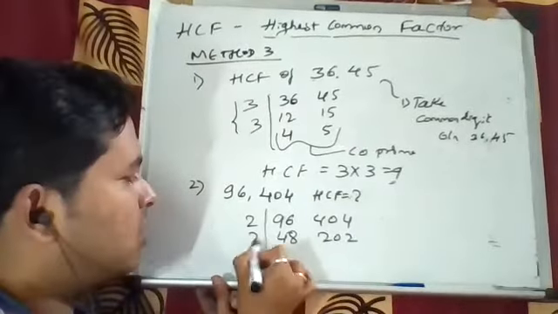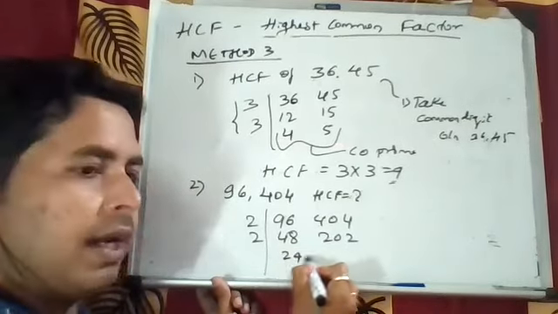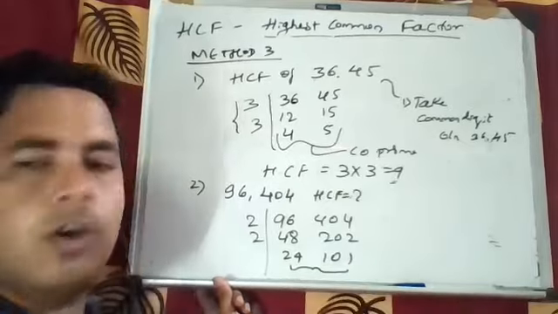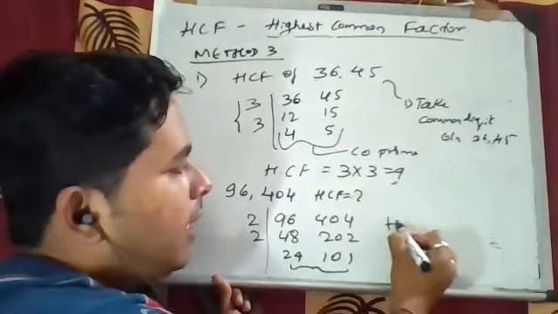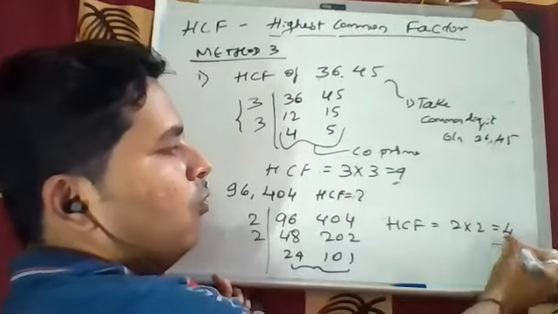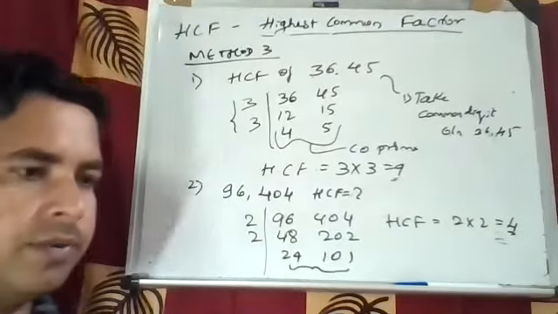Again I'll take 2 as common: it is 24 and it is 101. Now further I cannot take anything common. So HCF is 2 into 2, so 4 is the HCF.